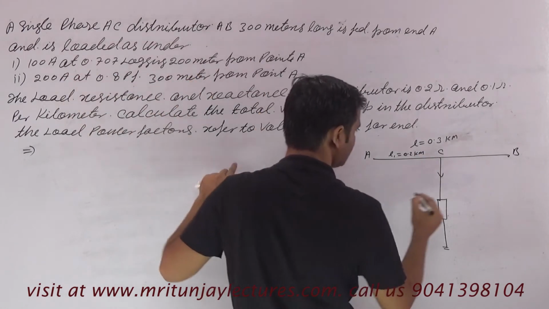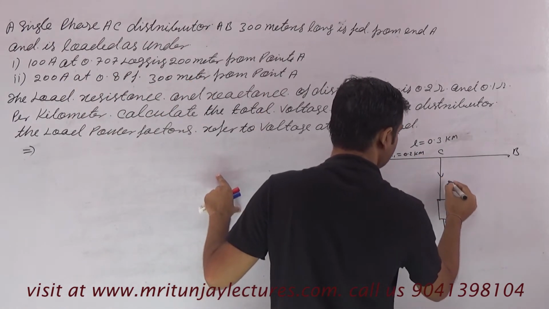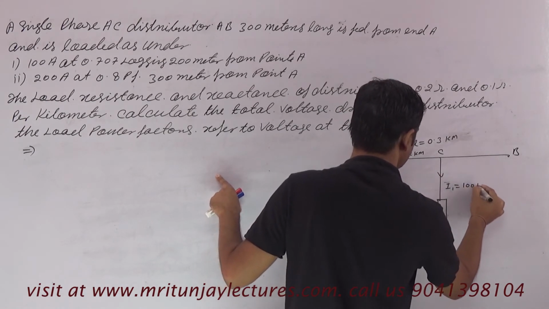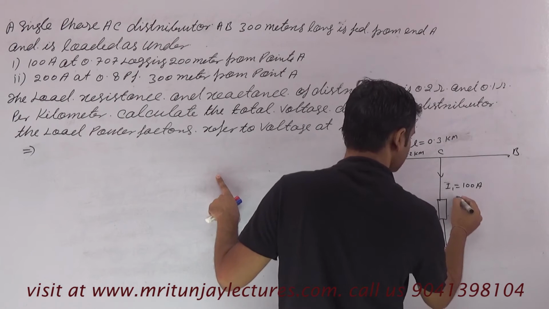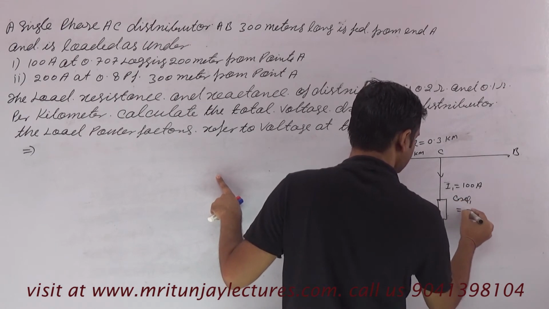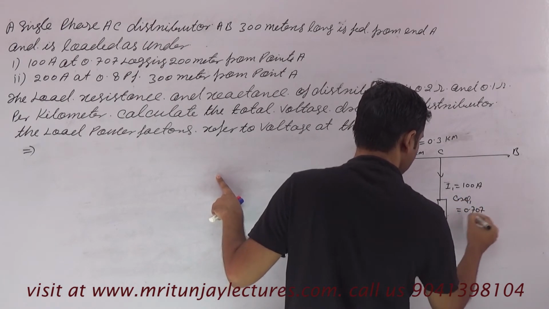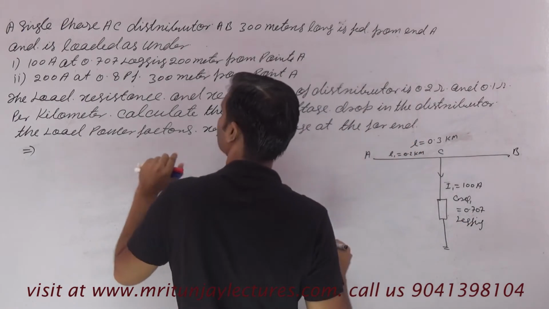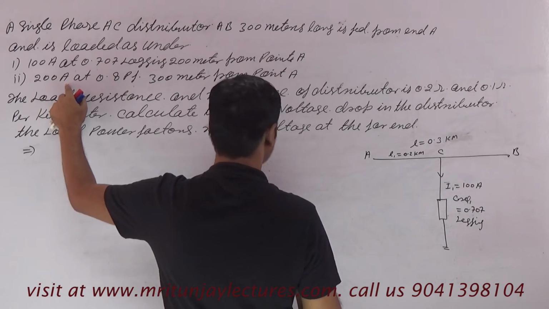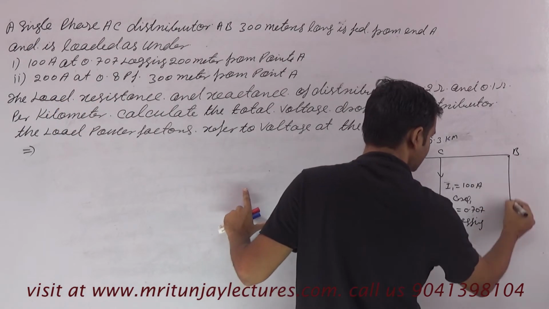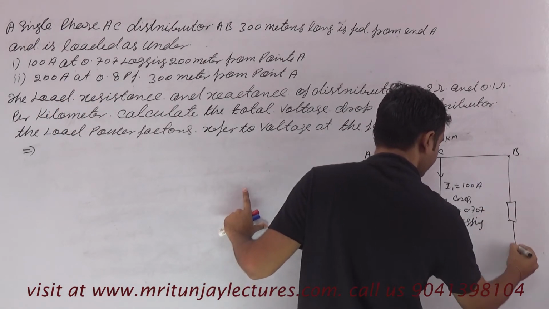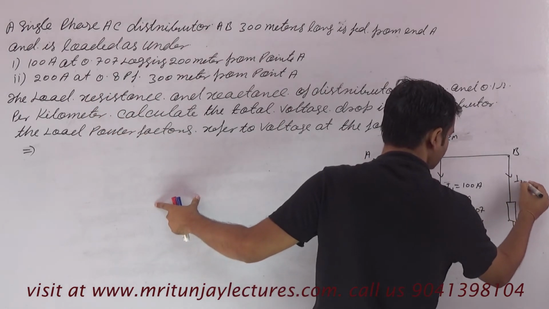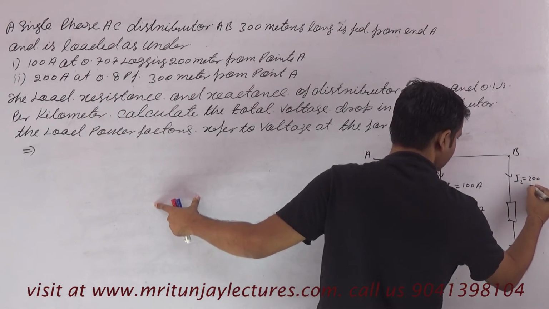Okay, and this one I1 is equal to 100 ampere, and cos phi 1 is equal to 0.707 lagging. Okay, now 200 ampere, that is I2, is equal to 200 ampere. Clear?